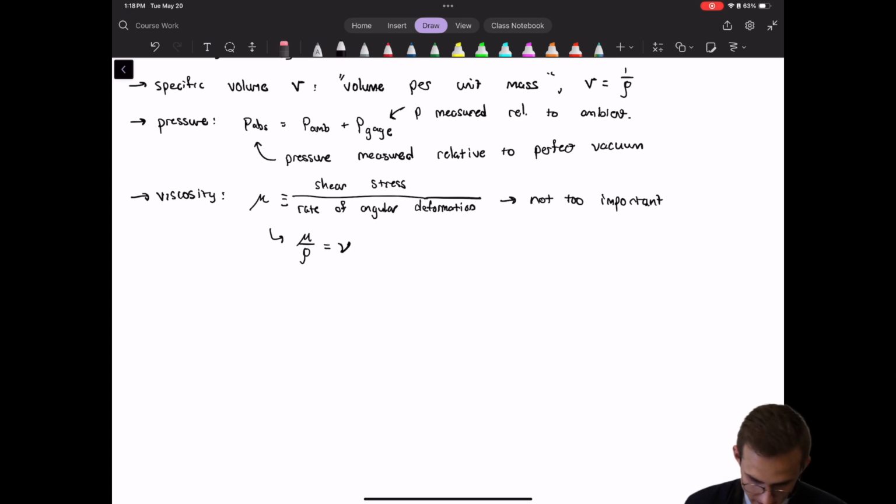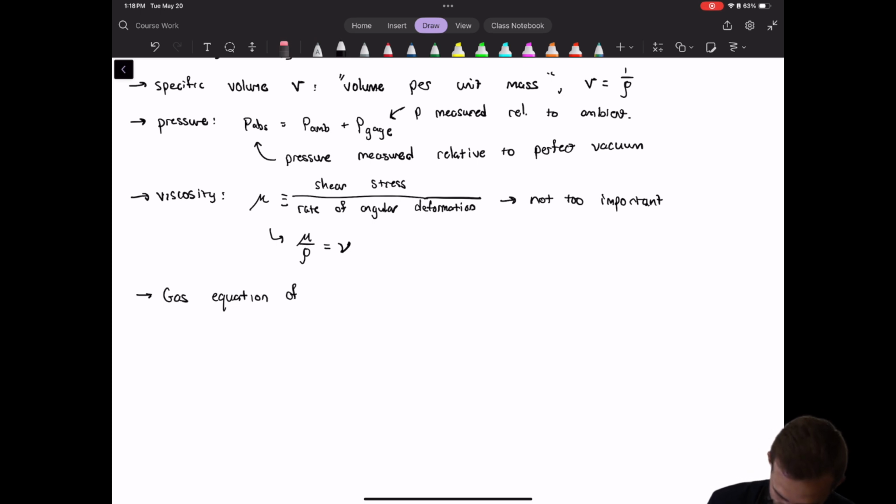And then another thing that I wanted to discuss is the gas constant. So we'll spend a lot of time talking about the ideal perfect gas equation of state. Something that we'll use a lot.